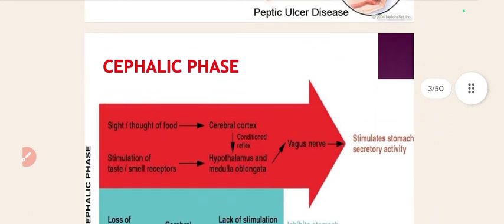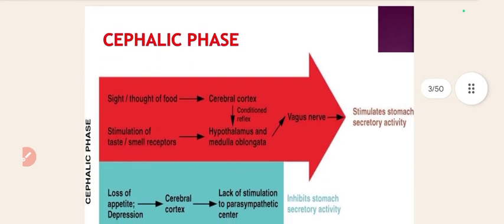Now we'll see how this hydrochloric acid or gastric juice is secreted. There are three phases for the secretion of gastric juice.